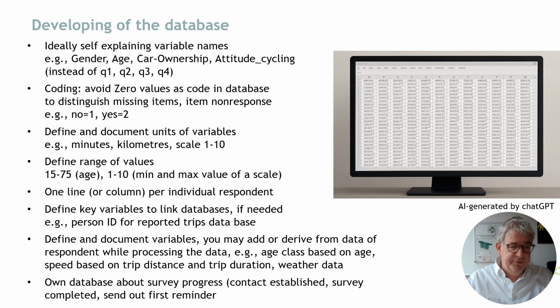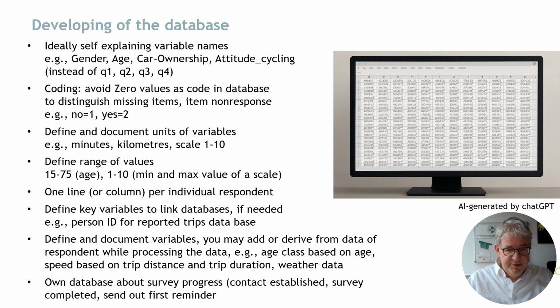Always try to have just one line, or one column if you prefer, per individual respondent. This is important because if you want to analyze it, you can run into problems if you have a more complex database.